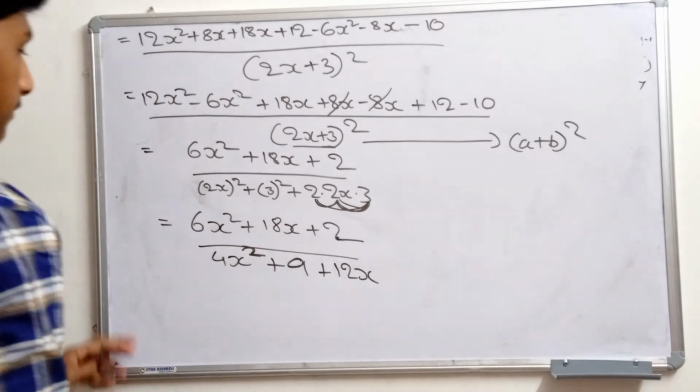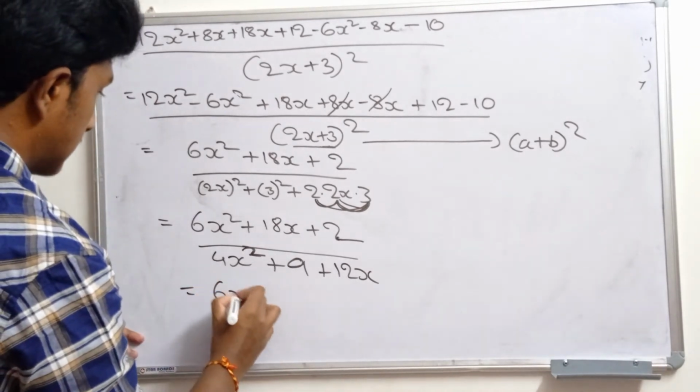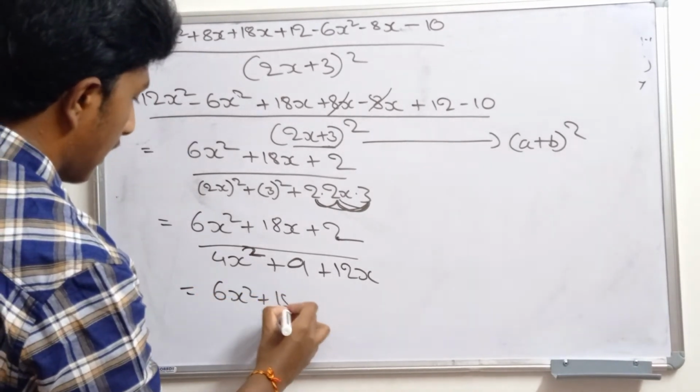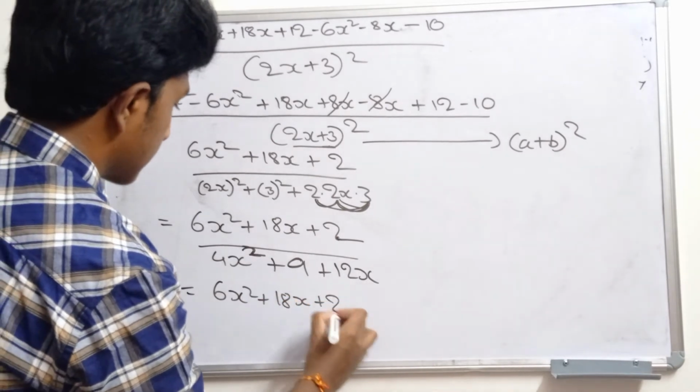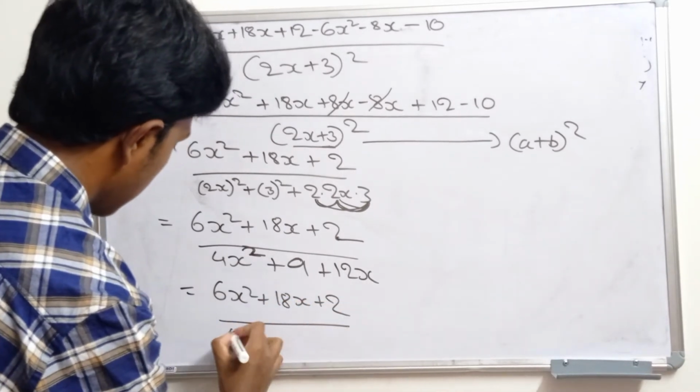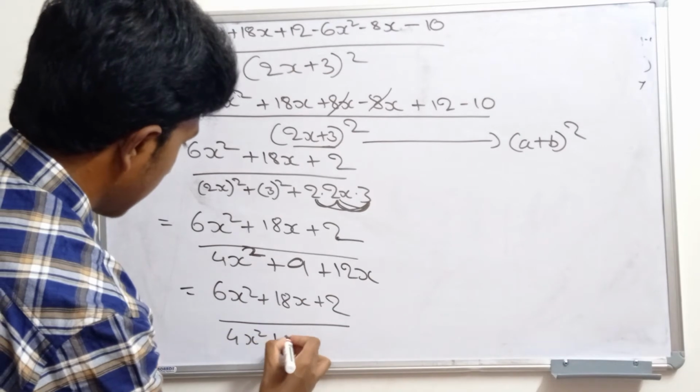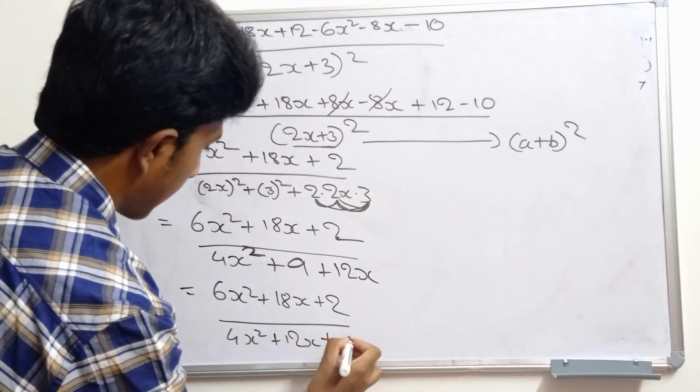Guys, is it clear? 6x square plus 18x plus 2 by 4x square plus 12x plus 9.